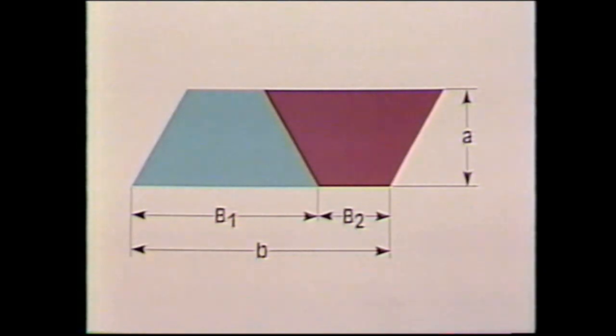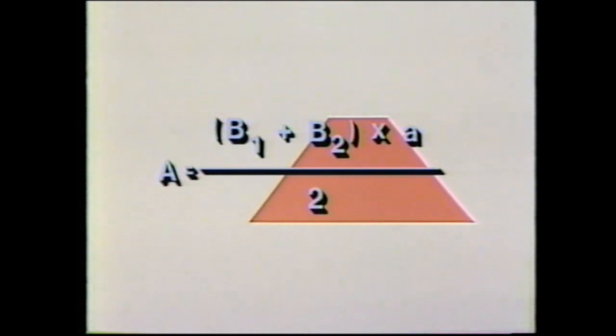The length of the base of the new figure becomes the sum of the base measurements b sub 1 and b sub 2. The altitude remains the same as in the original figure. We now can find the area of a parallelogram by multiplying the sum of the two base measurements by the altitude.